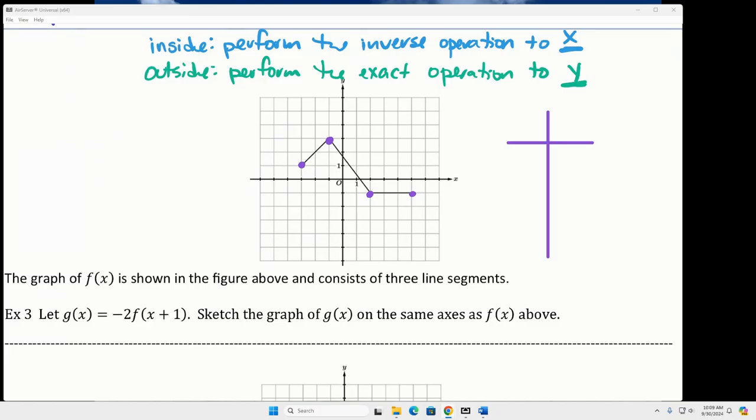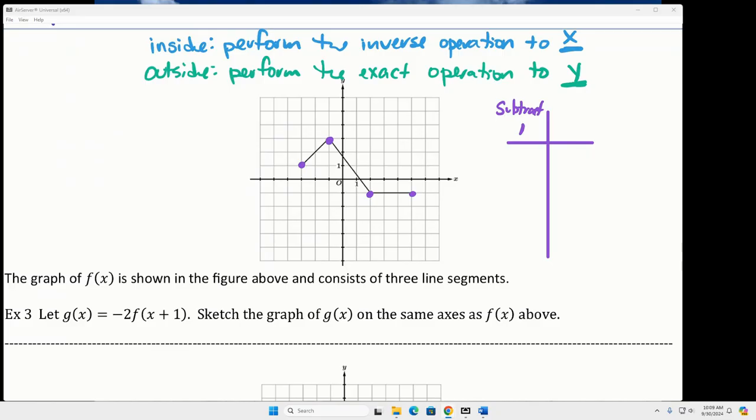And so for the x-coordinate, it's always what's happening on the inside. And so we have this x plus 1 on the inside. We're going to perform the inverse operation to the x-coordinate. So what's the inverse operation to adding 1? Subtracting 1. All right, so I'd set it up that way for my x.